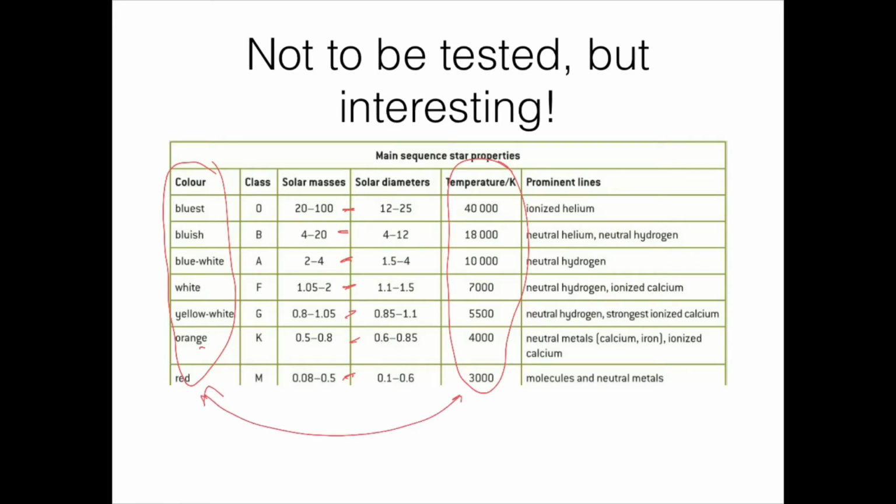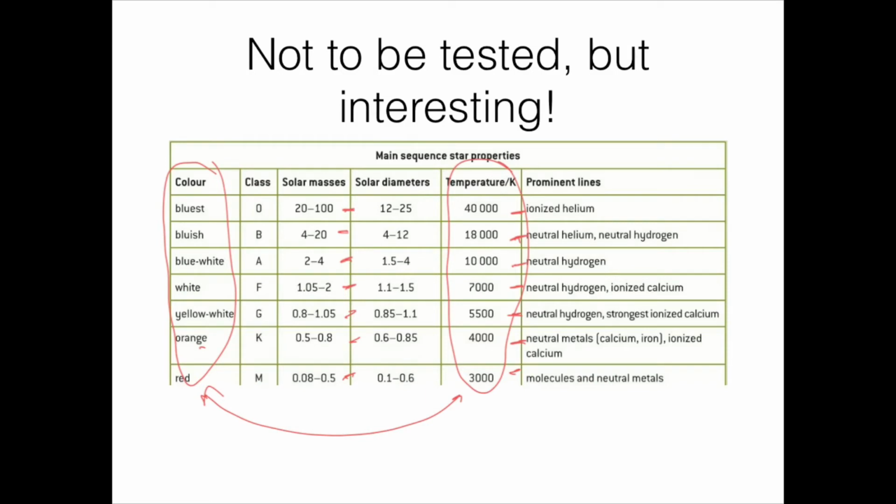Now, we don't really organize stars by that so much anymore. They still are, but this is going to be less important for you as an IB student. I just wanted to point out that in these different colors, different wavelengths, we have different types of gases that we expect are prominent because of the types of gases that are in that photosphere. All right? Now, we're going to move on.